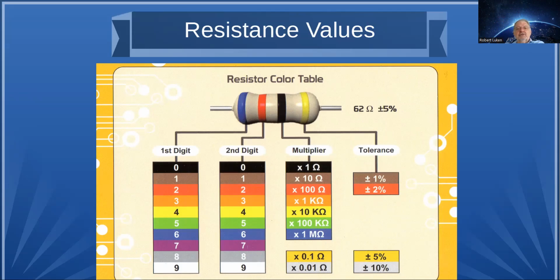And we use these colored stripes on the resistor to indicate its value. And each one of those stripes will have one of 10 colors.